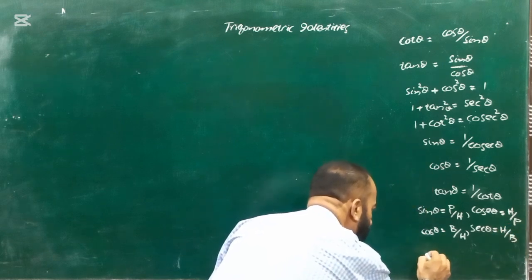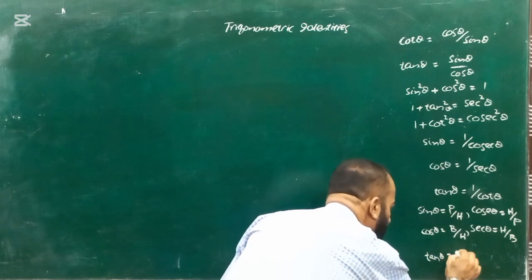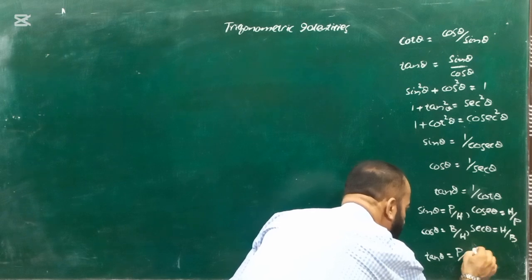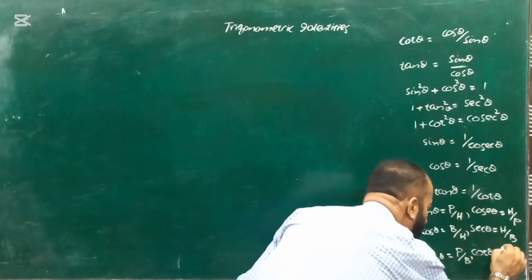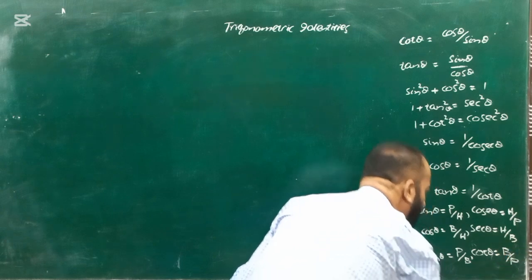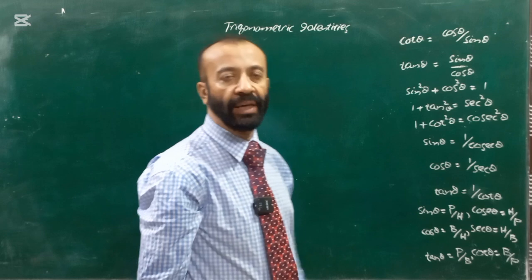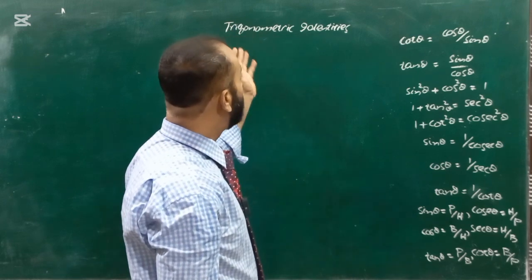And lastly, if tan theta is equal to perpendicular over base, then cotangent theta will be equal to base over perpendicular.